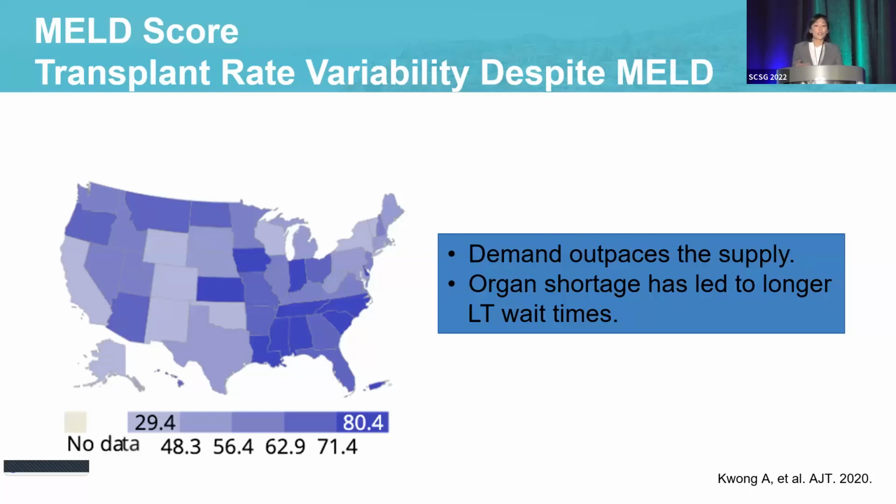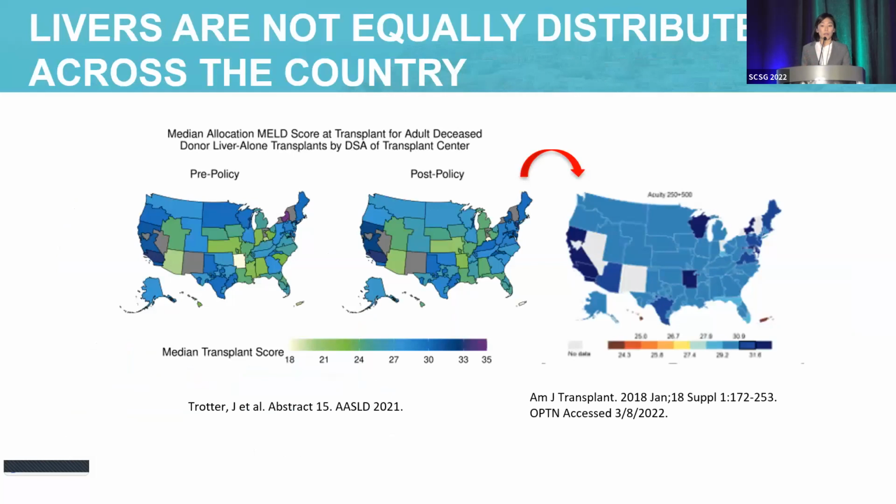But this really demonstrated that organ demand really outpaces supply, and this shortage really leads to longer liver transplant wait times. This is a study that was presented at ATC in abstract form, and currently they have a publication in Liver Transplantation this year, but really demonstrating that livers are not equally distributed across the country, and this is what really prompted that change to acuity circle policy changes.